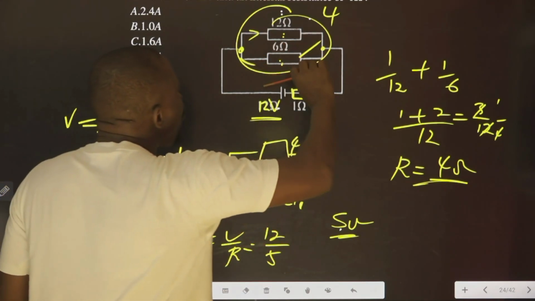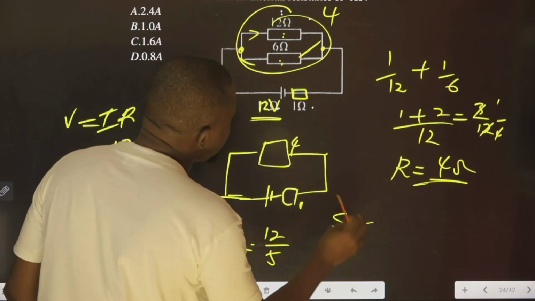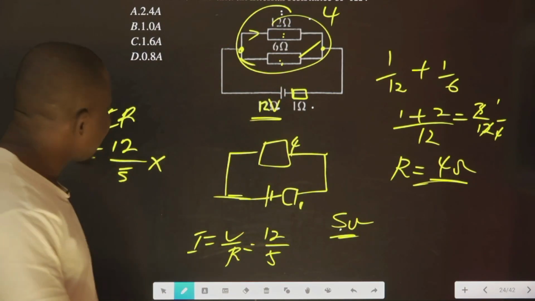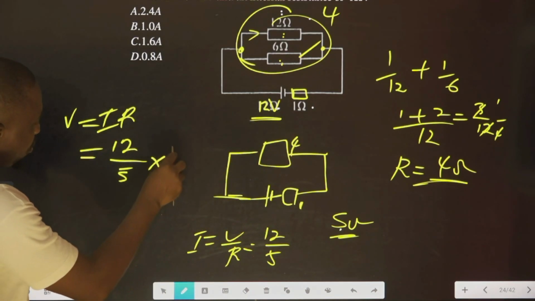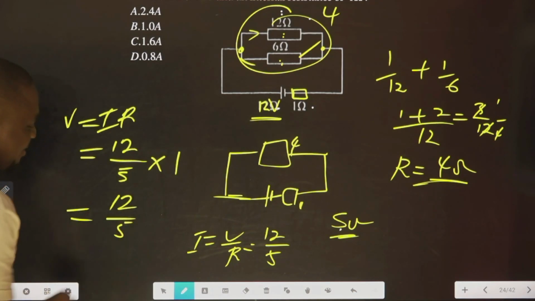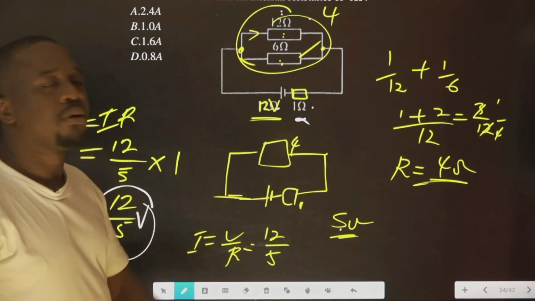Because once it leaves here, when it's coming back, everything will pass through this 1 ohm. Because everything will pass through the 1 ohm, I have to multiply by 1, that is the 1 ohm, to still have 12 over 5. So this is the voltage of this 1 ohm.